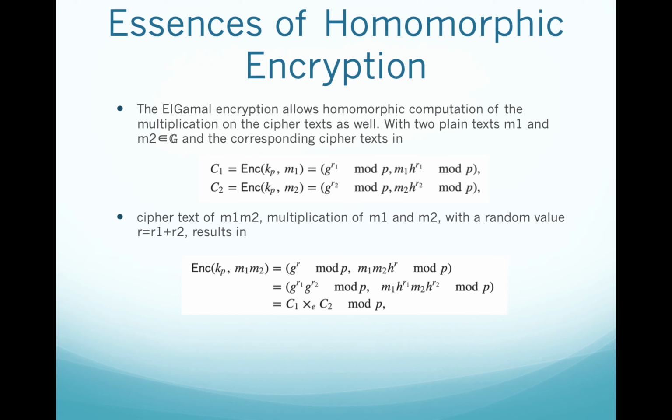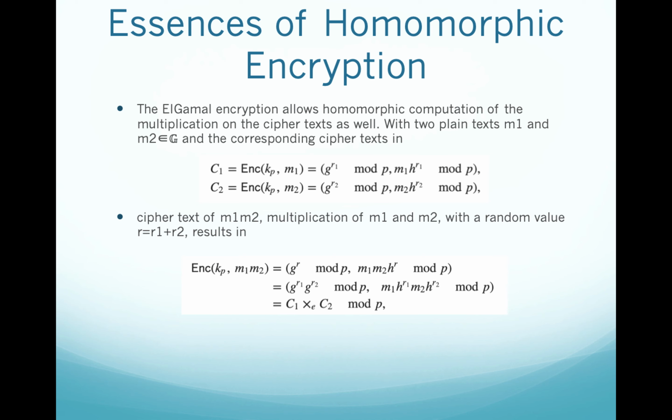So we could do our encryption of KP M1 M2, which is ultimately going to equal C1 times E C2 mod P, where that times E is just a notation that will denote an element-wise product of C modulo P, which means that the operation dot product over the set M is a multiplication, and the operation times over the set C is a Hadamard product.